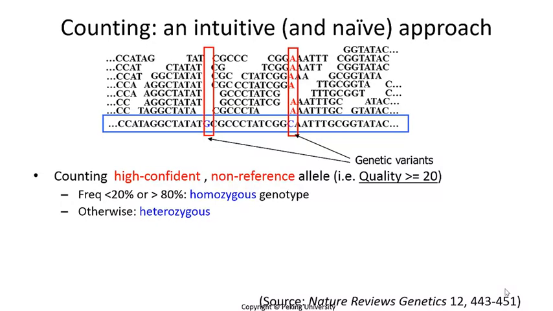Other loci with alternative allele frequency between 20% and 80% will be treated as heterozygous loci.